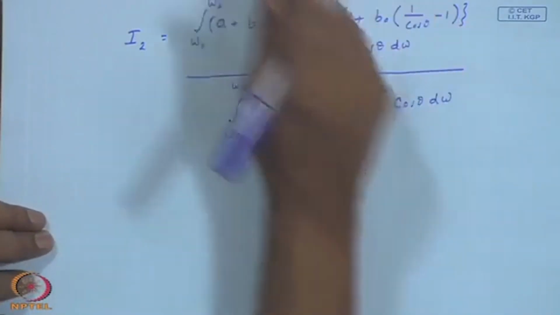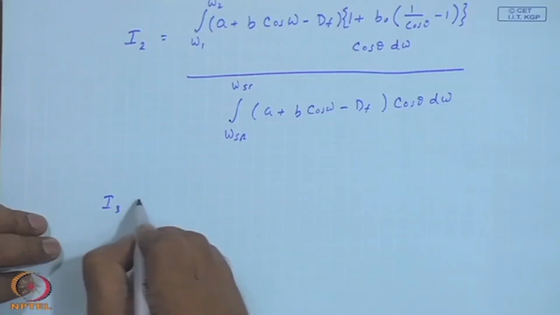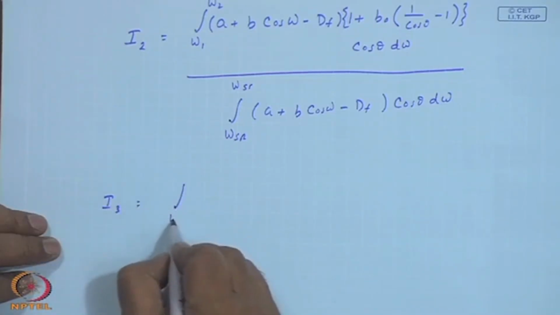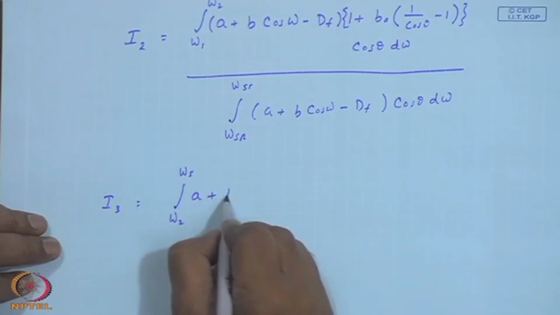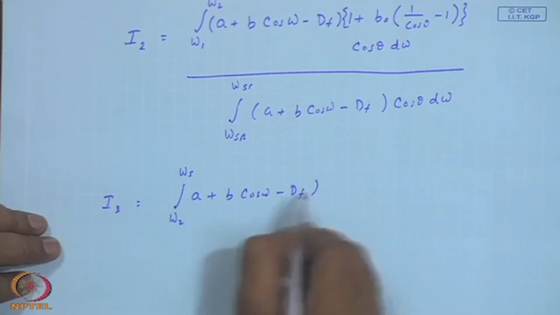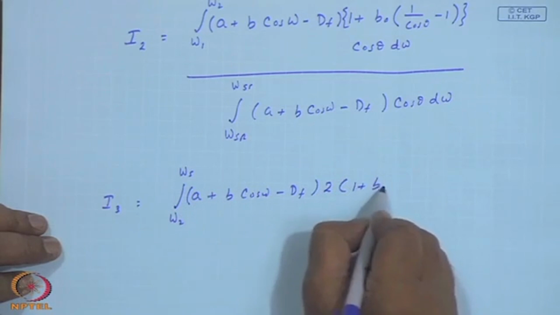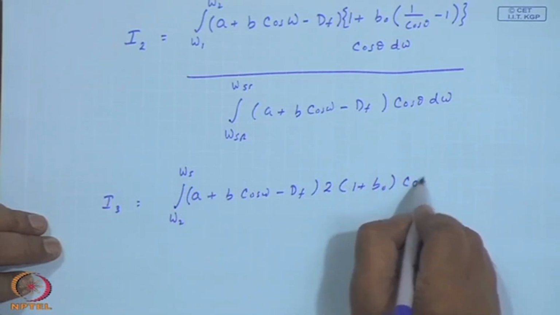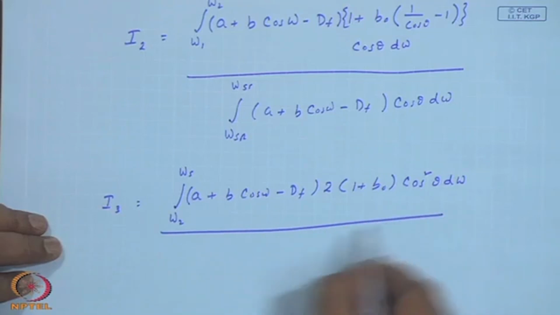Again you have I 3, the limits of integration are different now, omega 2 to omega s, a plus b cos omega minus d f times 2 into 1 plus b 0 into cos squared theta d omega by the tilted radiation.